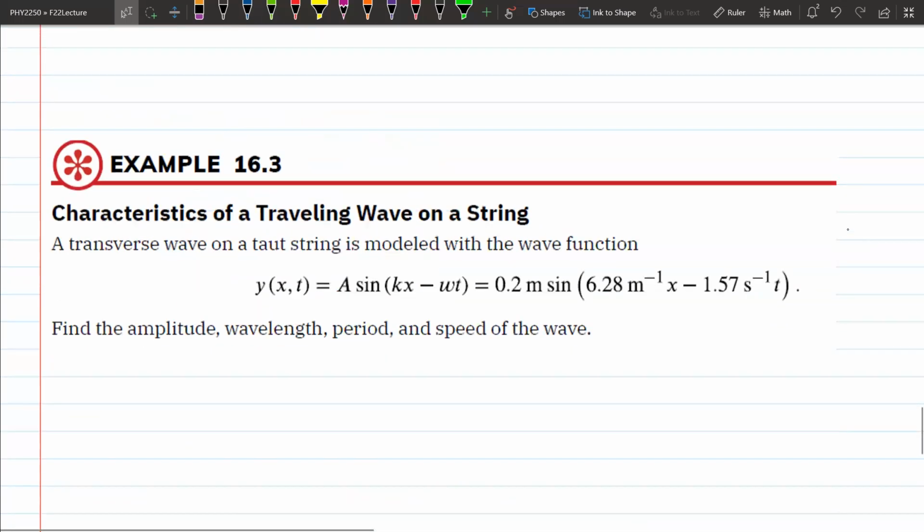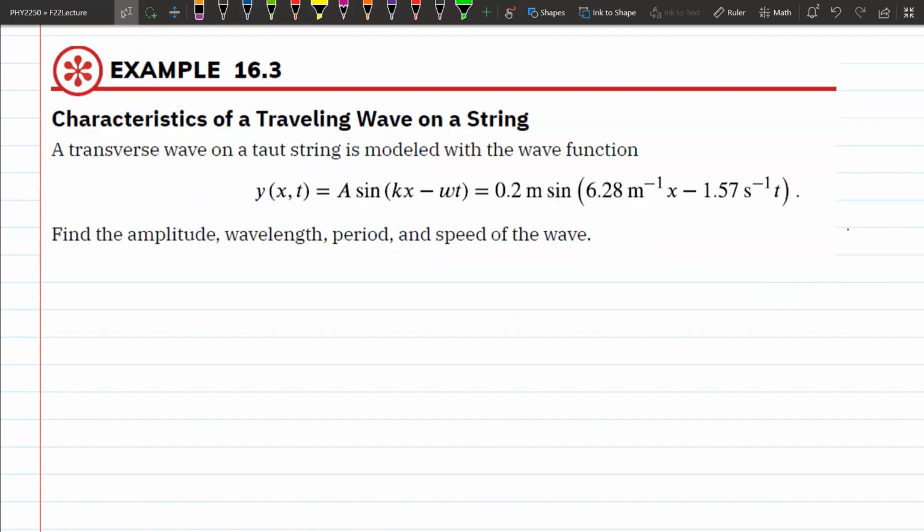So this little example from the book: we're going to look at an equation for a wave. You're given some equation for a wave. In general, the wave could be some amplitude times sine of kx minus omega t, and in this case, we're given this as the equation instead of the general k, general omega, general A. The problem asks you to find the amplitude, the wavelength, the period, and the speed of the wave.